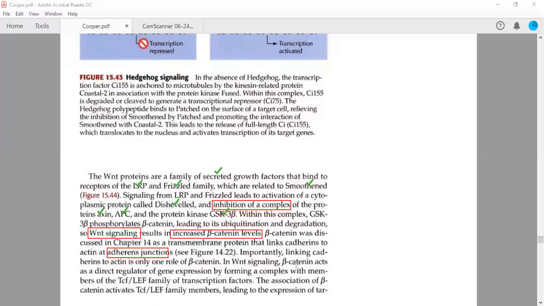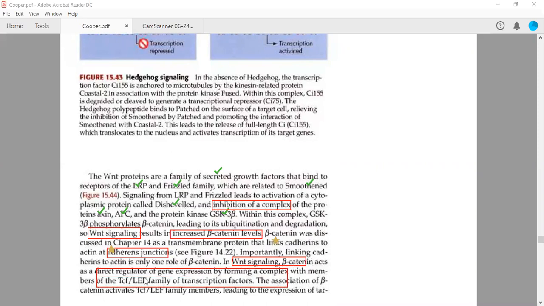Here, beta-catenin is involved in Wnt signaling, and it acts as a direct regulator of gene transcription by forming a complex with members of another family of transcription factors called TCF and LEF. So you can note two important functions of beta-catenin. First, it is involved in adherens junctions, where it links the cadherin proteins with the actin proteins.